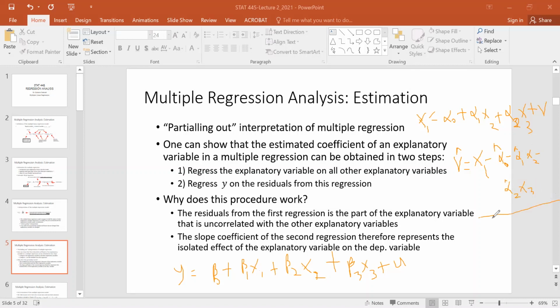So that's the first step. Second stage is just regress y equal to, let's say, delta 0 plus delta 1 times the v hat we got, the residual from here. So this delta 1 hat will be equivalent to the beta 1 hat you would have had if you ran all this. Okay, excellent. I hope that helps.